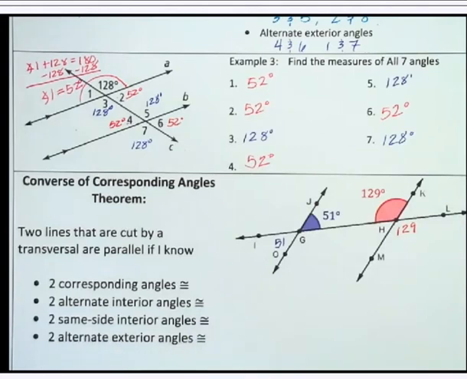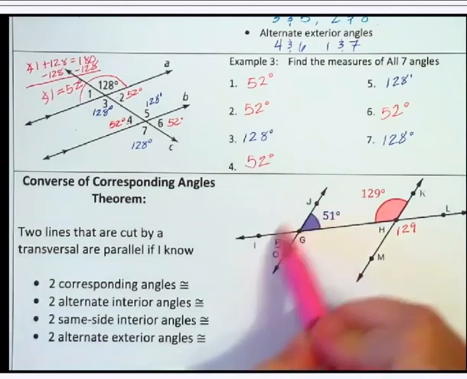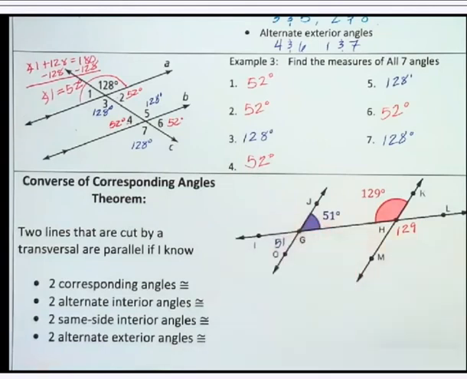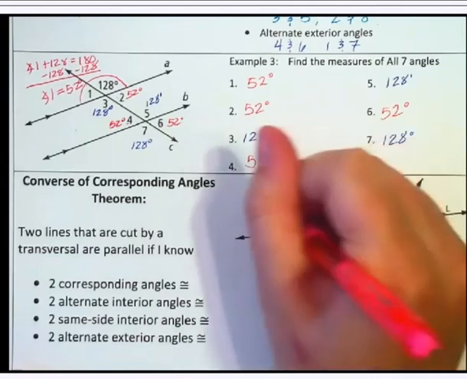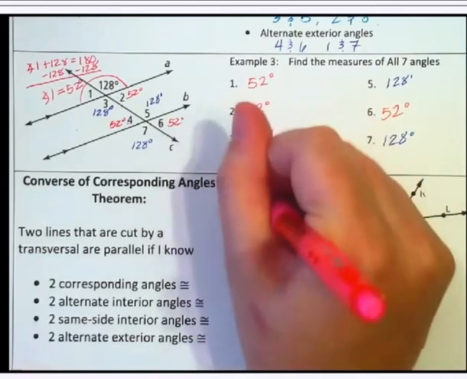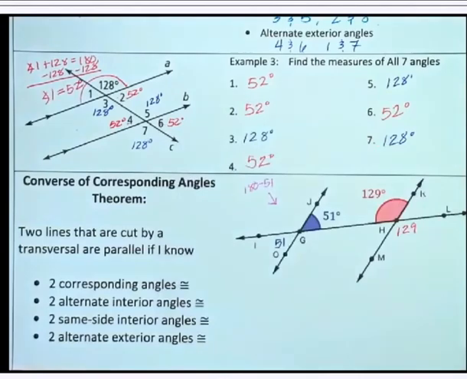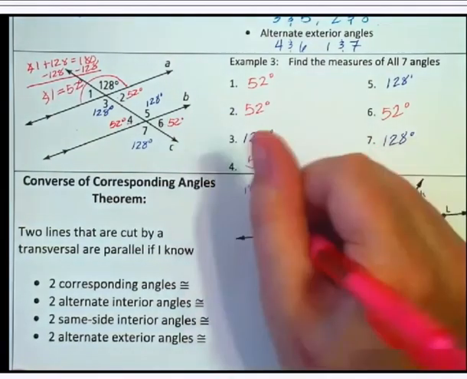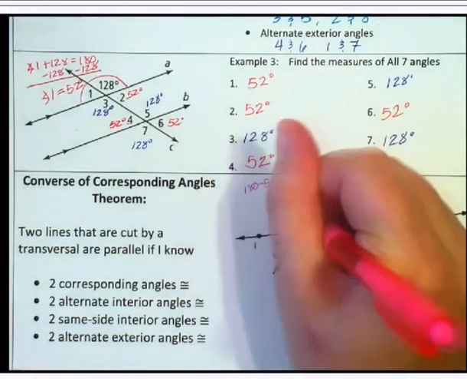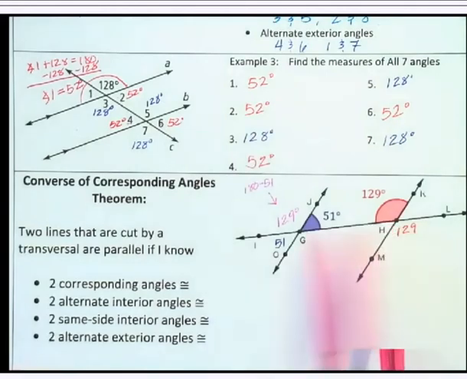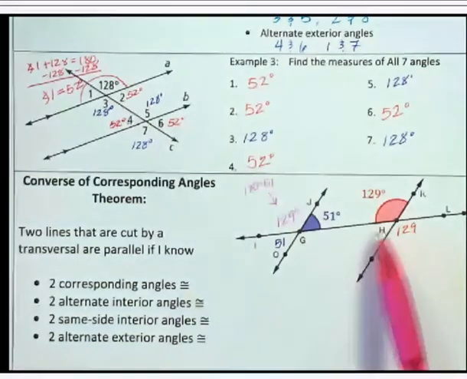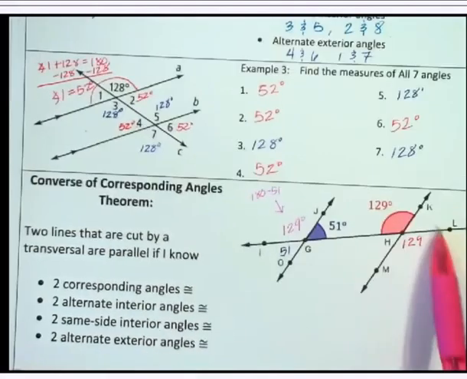So if I did the linear pair, what is 180 minus 51? 129. Is that going to prove that these angles that are corresponding are congruent? It sure will, right? And this would be another linear pair.